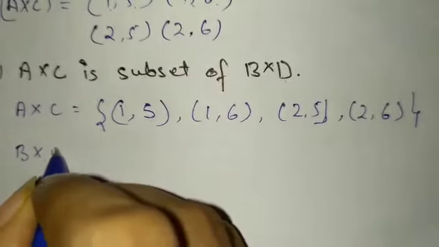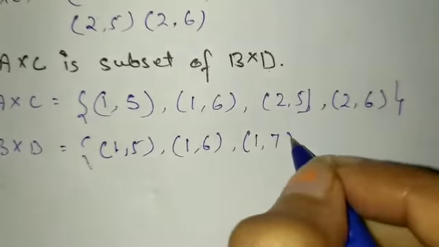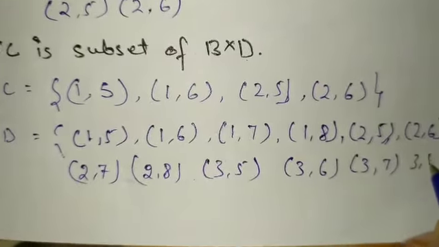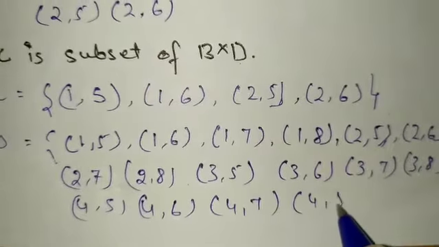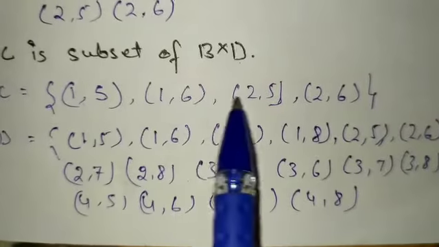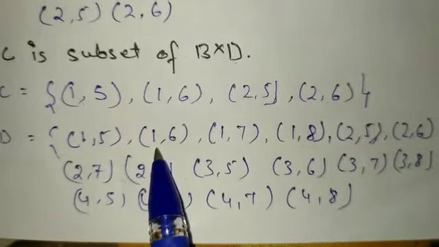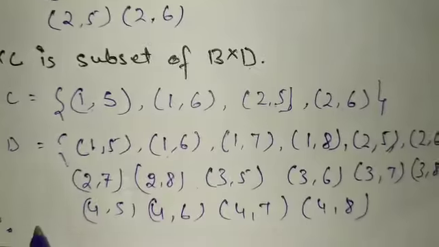Similarly, B into D is equal to elements (1,5), (1,6), (1,7), (1,8), (2,5), (2,6), (2,7), (2,8), (3,5), (3,6), (3,7), (3,8), (4,5), (4,6), (4,7), (4,8). Since we can see that all the elements of set A into C are in set B into D, therefore set A into C is a subset of B into D.